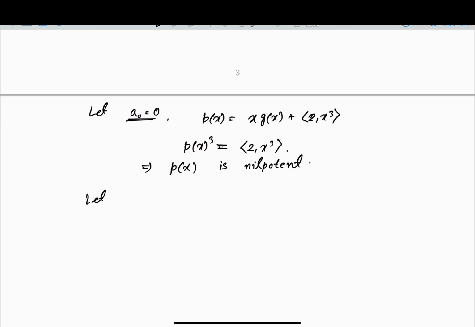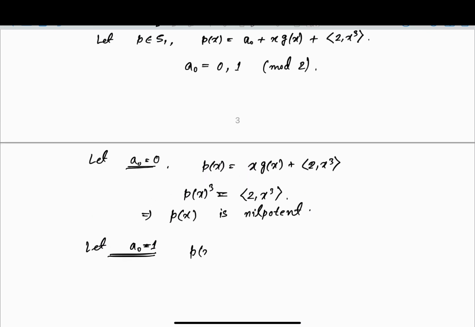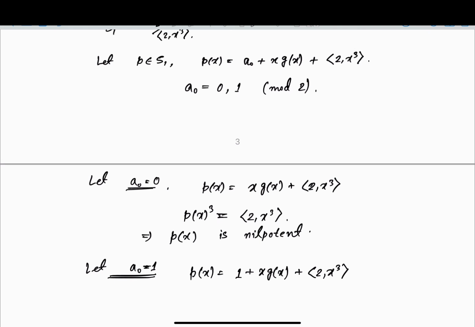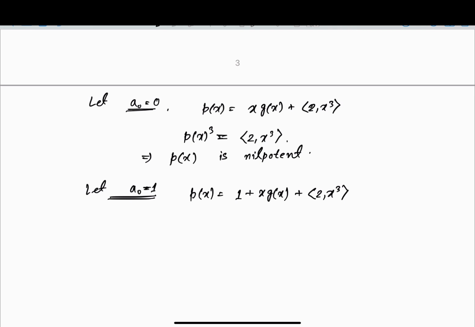Now let a naught be 1. Then p(x) will be 1 plus x g(x) plus this, the zero element. So this is a. We have seen earlier that x g(x) is a zero element, as x g(x) is nilpotent in S1.